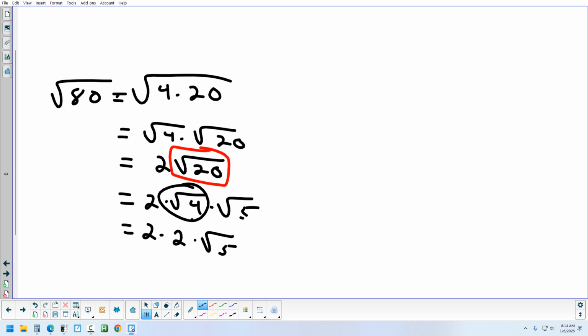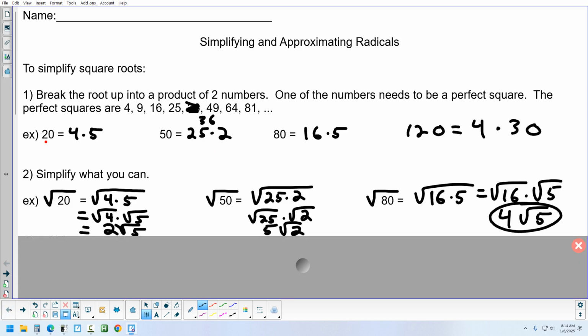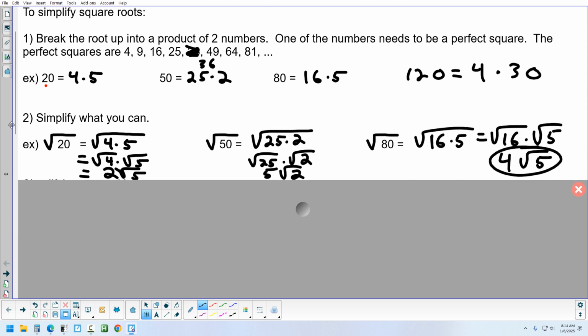And 2 times 2 gives me 4. So if you don't pick the biggest number in that list, it's okay. But then you have to do the process more than once. If you pick the biggest number you can, you're done in fewer steps. But 4 square root of 5 is exactly the same answer. Just more steps. All right, so any question on that idea?